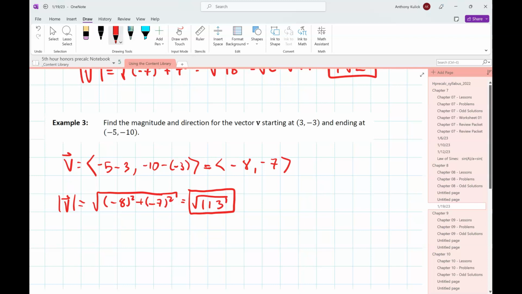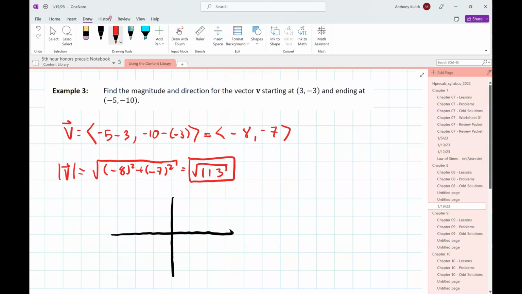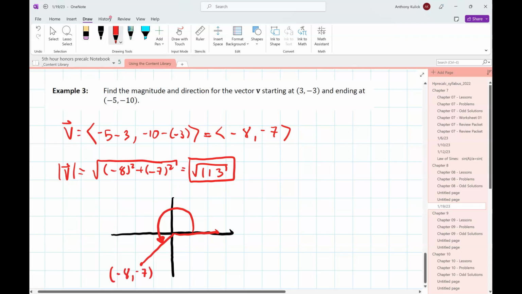To get the direction now, I'm going to draw a picture. I'm going to plot the point -8, 7. I'm going to draw this as a standard position angle whose point there is -8, 7.